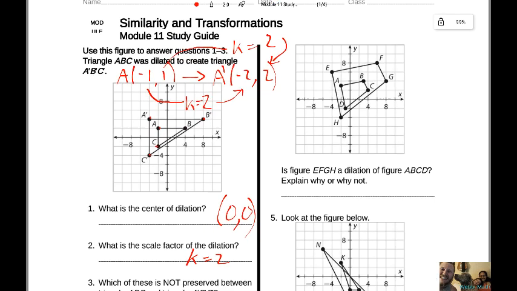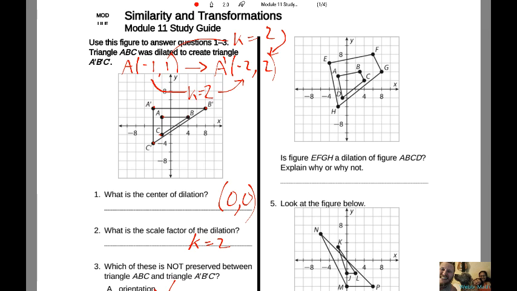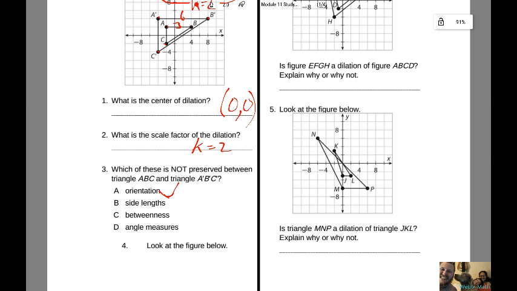We're good. Side lengths, well, let's see. Originally AB was a length of 3, but then all of a sudden A prime, B prime is 6. Uh-oh. That changed, right? So remember, dilation, even if it just changes for one side, that's not preserved.